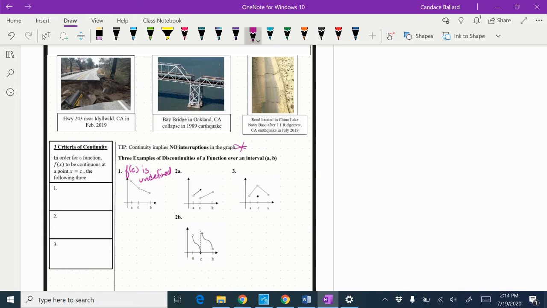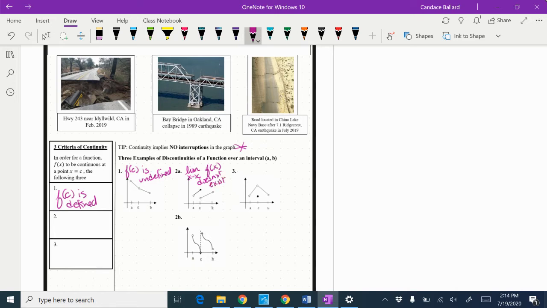So in order to be a continuous function, the c value actually has to be defined. So that's our first criteria to meet, is f of c is defined. And basically that means that it exists. So there is an actual solid dot there. The next one is that the limit as x approaches c of f of x does not exist.